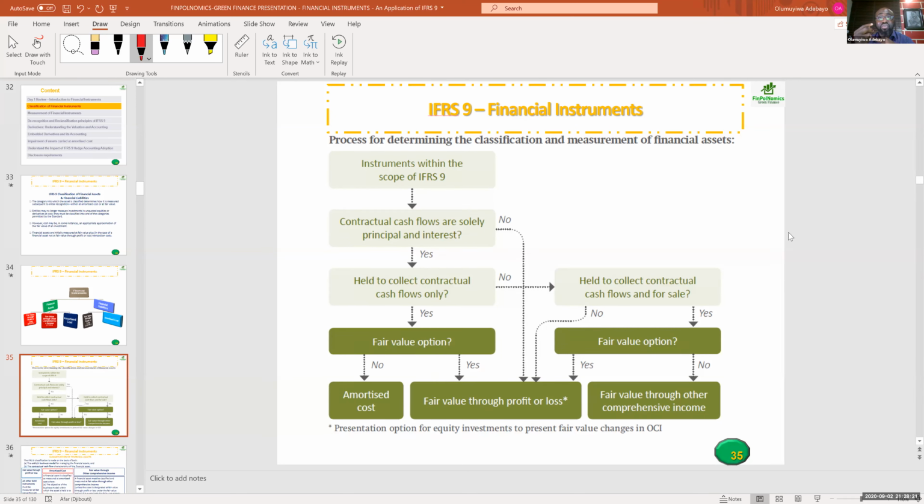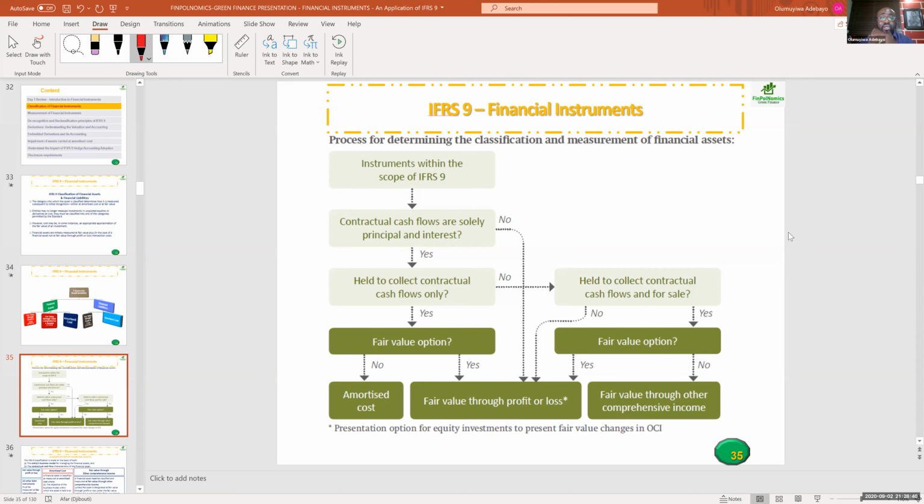Similarly, we do that for liability. Thereafter, we go into measurement. How do we measure them? At initial recognition and subsequent to initial recognition. We are going to look at that. Tomorrow also we'll look at the principle of derecognition.